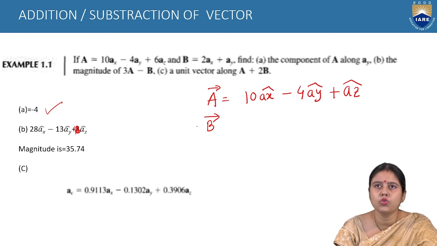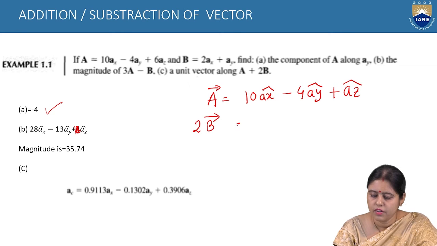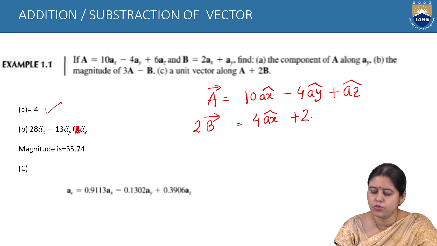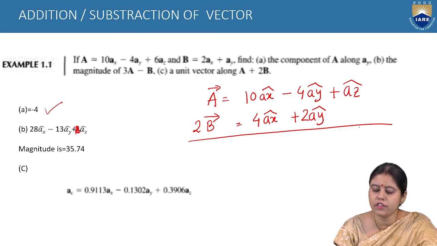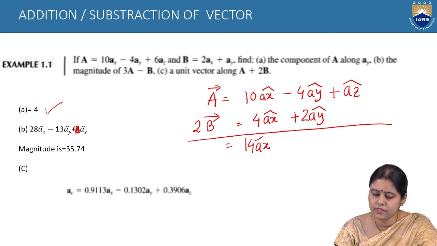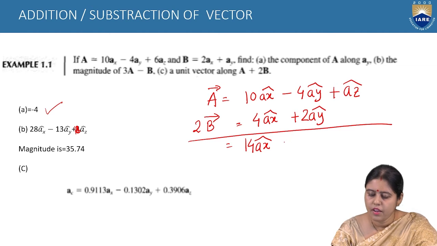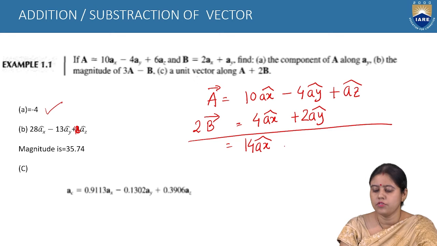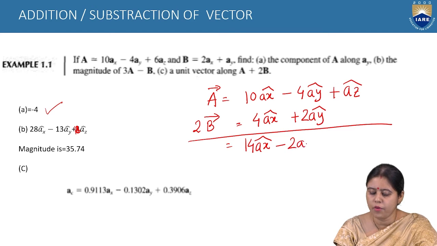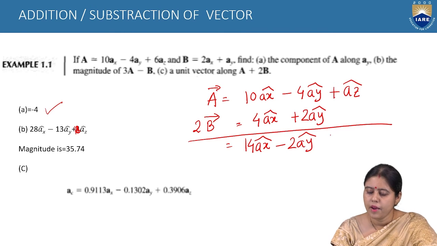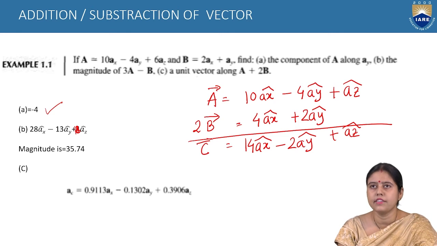We have to add 2b. 2 is multiplied with 2, 4ax plus 2ay. So if we add this, 14ax, we are doing the addition. So it is minus 2ay plus az. It is C vector.